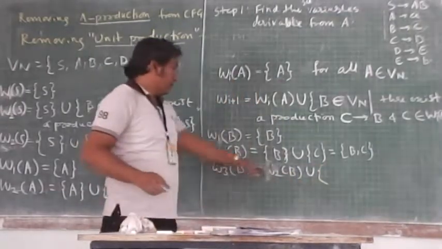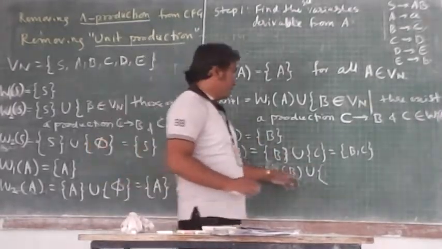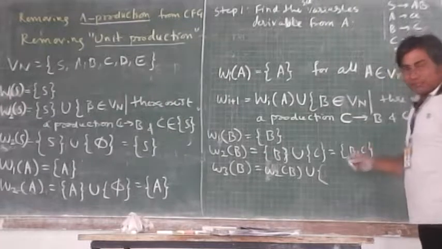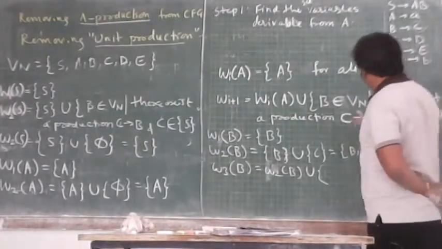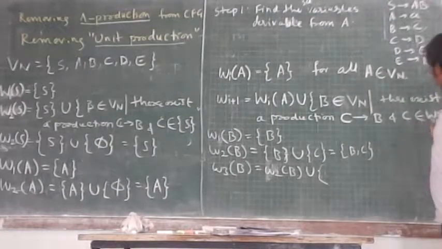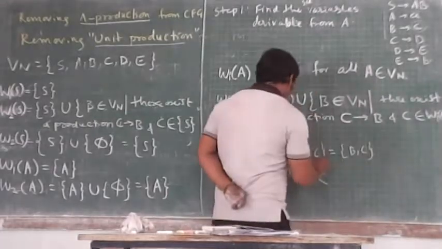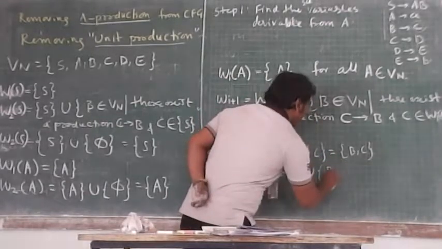What union? Search for such productions. Which such productions? The production for B and the production for C. See, here I said that C belongs to the previous one. So what can we say here? Can I write that? Are you understanding?